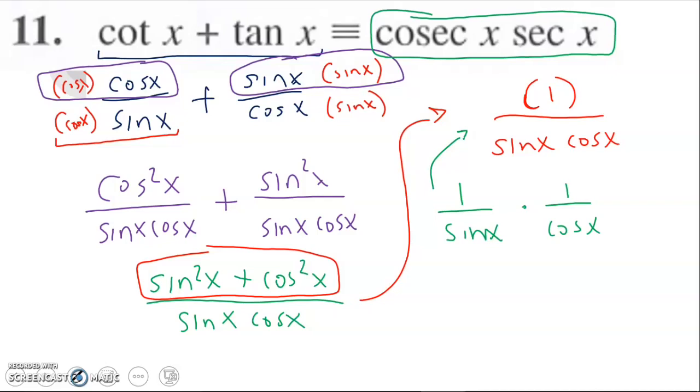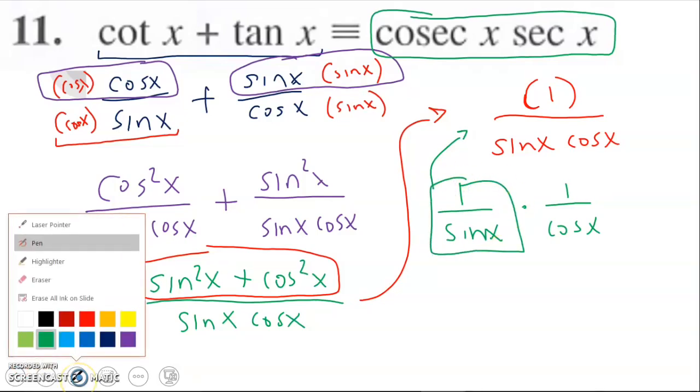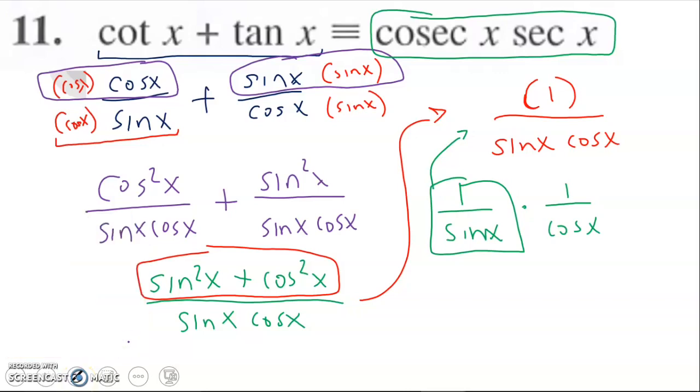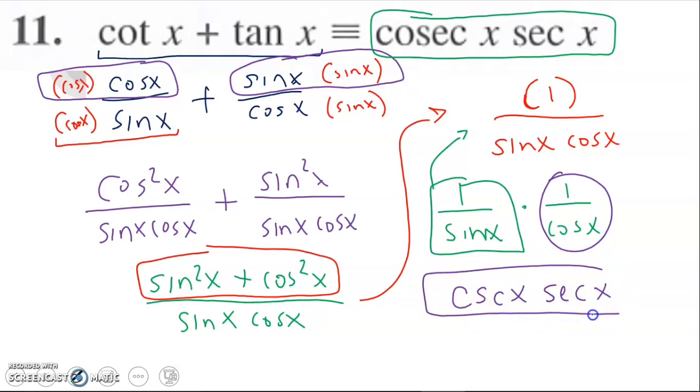What's 1 over sine x? 1 over sine x is just simply cosecant x. 1 over cosine x is simply secant x. So I've proven this identity. So this is equivalent or identical to my right hand side. So this one is proven.